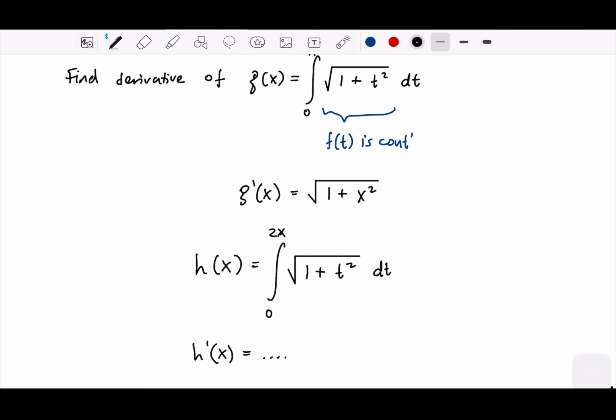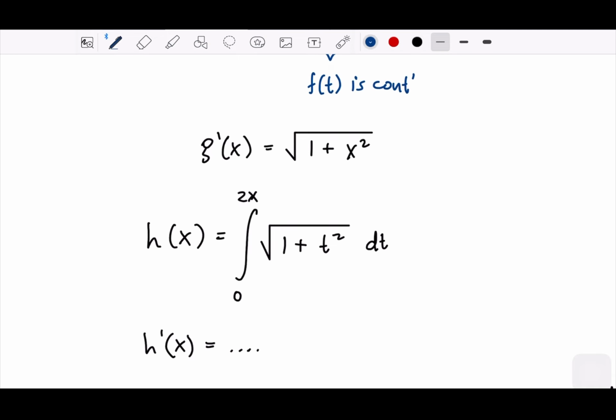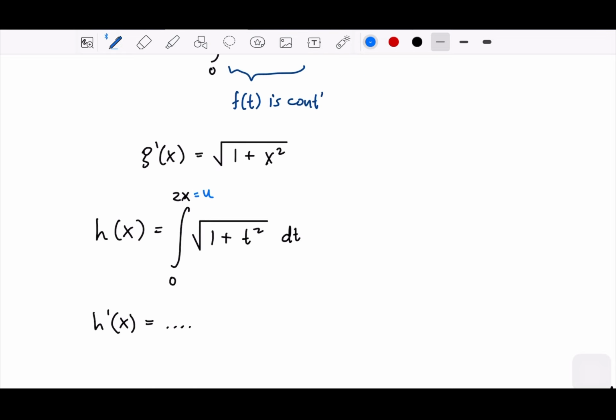Yeah, but what I want to emphasize on this h of x is that we are going to focus on the chain rule that might happen. Okay. So first, we could say that this 2x is another variable. Let's say we exchange 2x as u. We substitute with u. So let this u be equal to 2x.